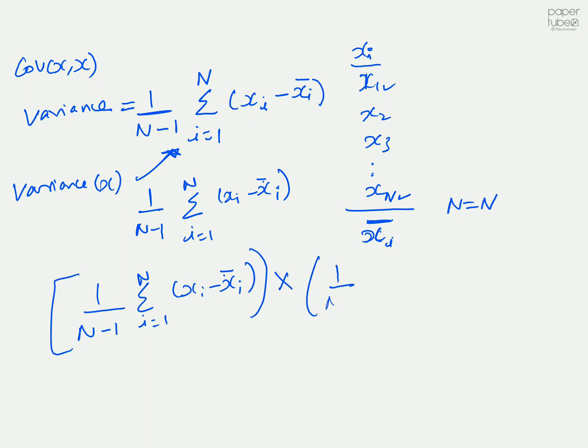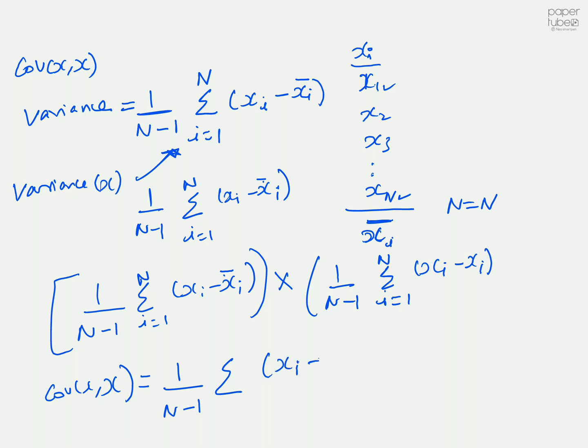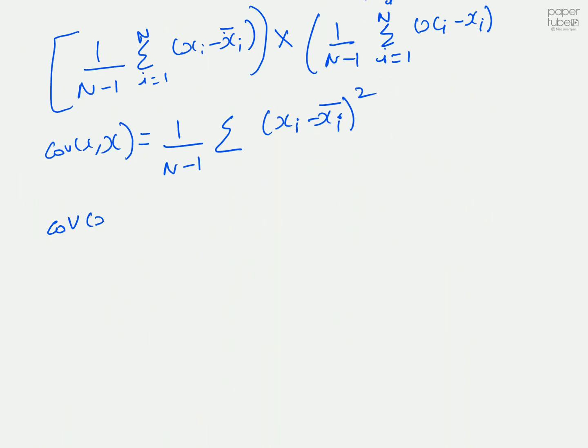So the covariance of x comma x is equal to 1 by n minus 1 summation of xi minus the average of xi, whole squared.